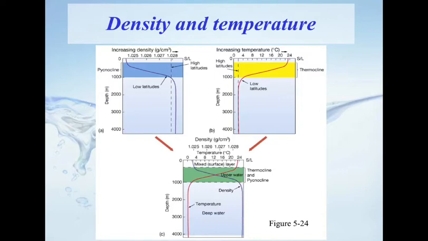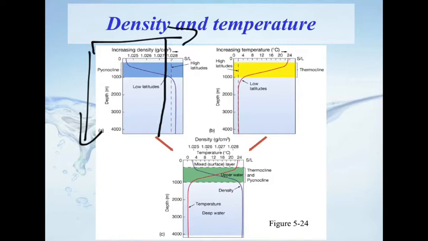The graph on the upper left shows you depth versus just plain old density. At high latitudes, it's basically the same top to bottom. Density is lower at low latitudes. Simple diagram.